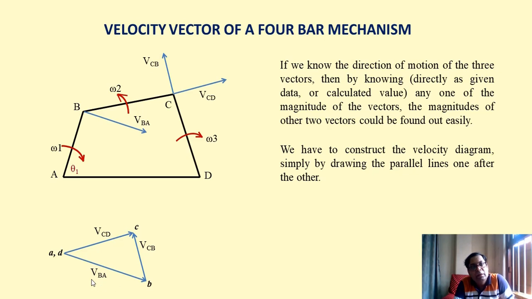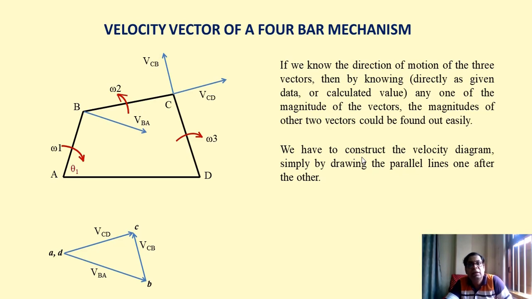Remember, we cannot incorporate a 1:1 scale over here. We have to take a suitable scale when we are doing this type of numerical problem in our copies. So 10 meter per second can be reproduced as 10 centimeter, that is from A to B, this length can be taken as 10 centimeter.